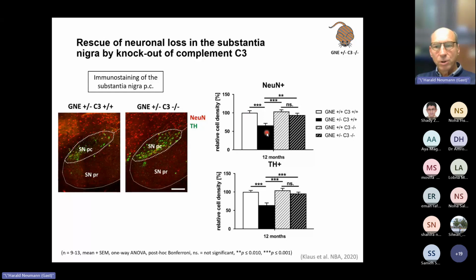If we have reduced sialylation and the complement C3 deficient mouse, independent of the GNE genotype, it is reverted. And the same is true for the tyrosine hydroxylase positive dopaminergic neurons. So this is a marker for the dopaminergic neurons. The same was the case for the hippocampus.